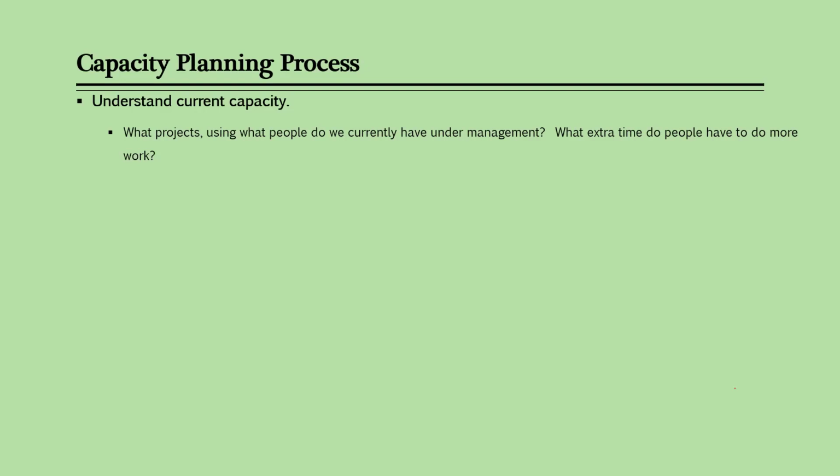So we have to understand our current capacity through this. Next, we have to focus on what extra time people have to do more work. If we have allocated employees, we have to see whether there is space so we can use the remaining labor time for a different project. So we have to focus on it.